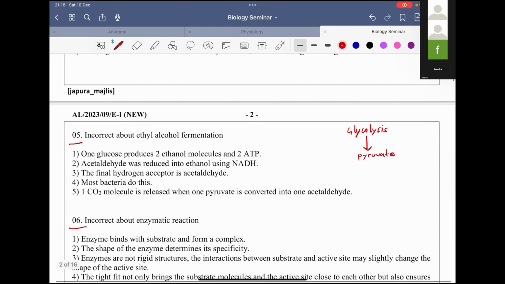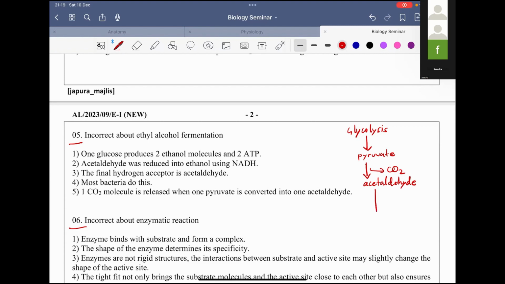Now this pyruvate will go through two steps. First step, it will be converted into acetaldehyde by releasing a carbon dioxide molecule.